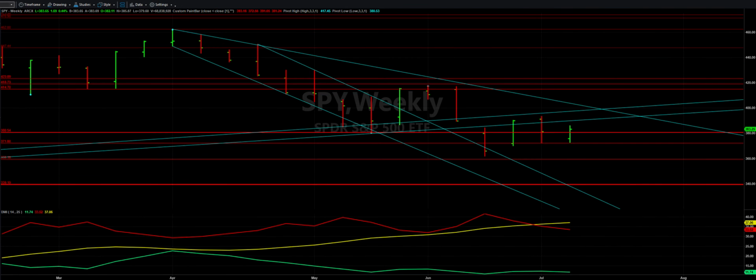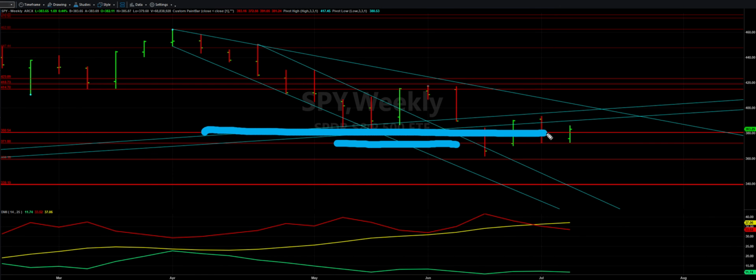Let me zoom in on this so you can see it. You see that? This 371.88. Here's the 380.54 level right here. Every time we break below the 380.54, we come almost to the penny of the 371.88 level for the last 3 weeks. If we get rejected here, we get rejected at the 21-day moving average on the daily chart.